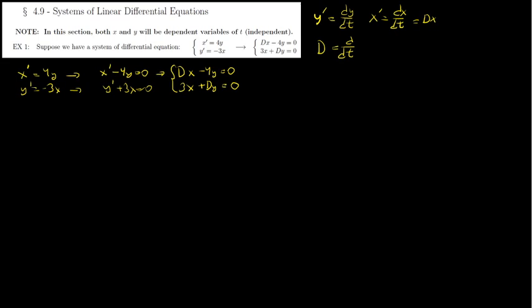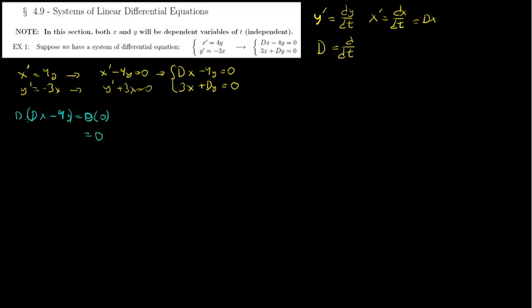One way to do that is to multiply the first equation by D. So here's the first equation: Dx minus 4y equals 0. Just apply D to both sides. You're taking D of the left and D of 0, but the derivative of 0 is still 0.